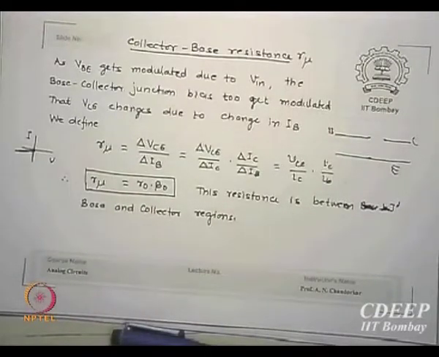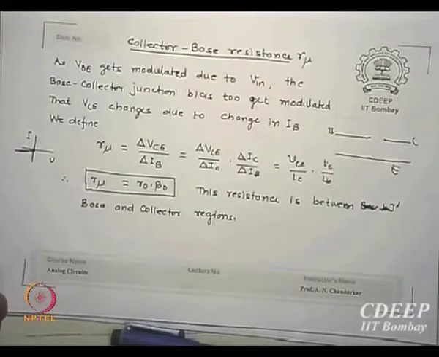R mu is beta times R0, and R0 is related to what? Early voltage by collector current. So I know this.